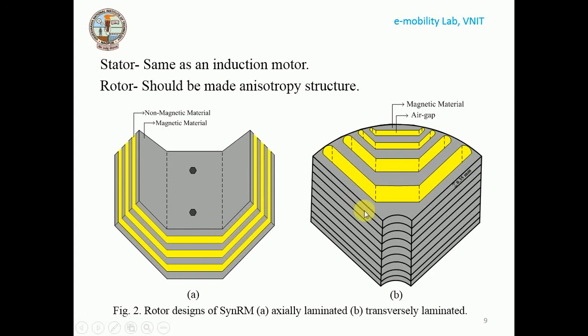You can see in both structures the goal is the same: we should have lamination as well as air gap, but how to achieve it is different. Here the manufacturing complexity is there because each lamination has to be cut and then sandwiched between a non-magnetic material. But here all the laminations can be stacked together, then we can cut it to have some air gap. These air gaps are necessary. I will tell you why.